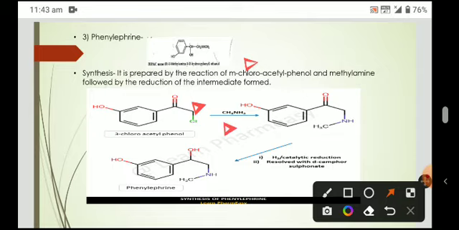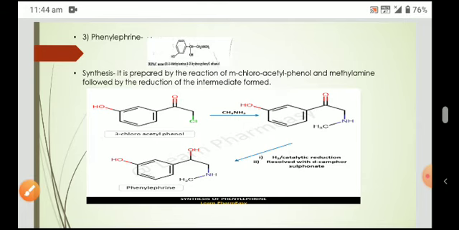So here on the arrow, methylamine, followed by the reduction of the intermediate. This intermediate product is followed by the reduction process and we will obtain the phenylephrine. So this is the synthesis of phenylephrine.